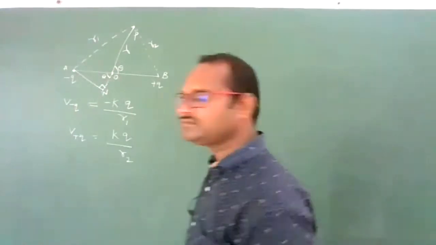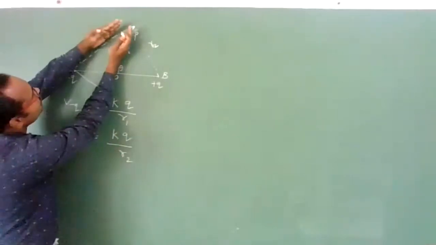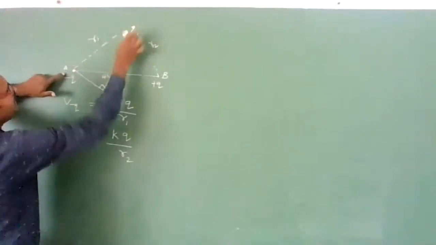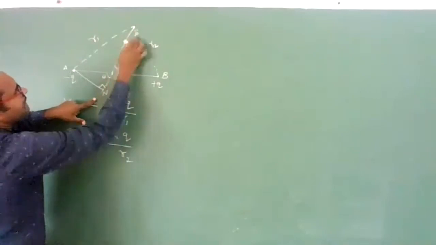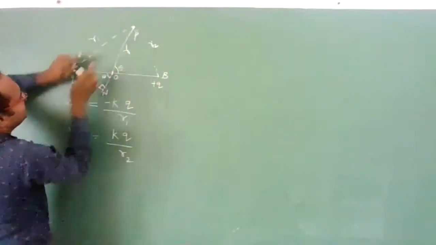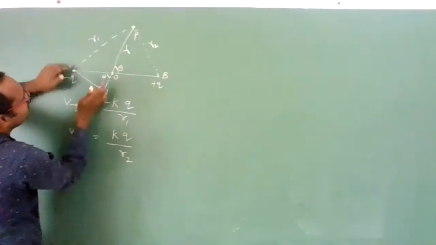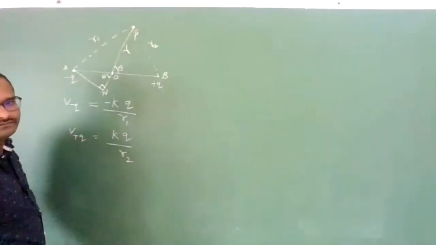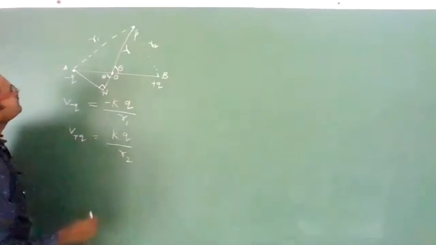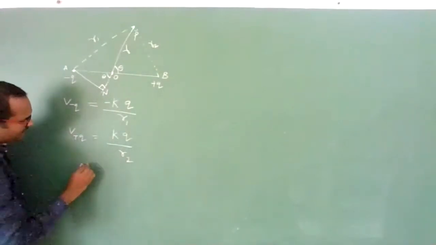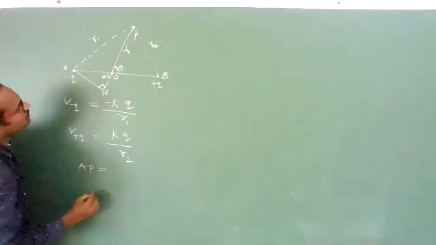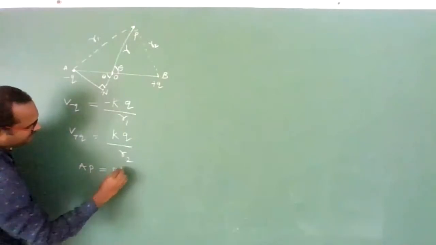Now, students, if you observe carefully, these two lines, AP and NP, are parallel lines, and a perpendicular line is there between these two, means these two distances are equal. That means we can say AP distance is equal to PN.